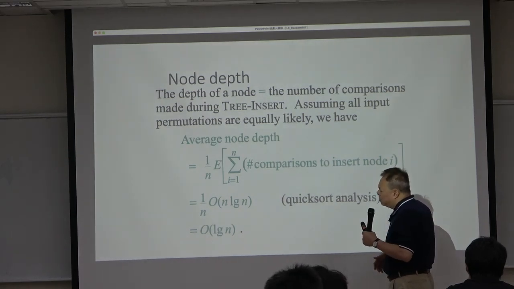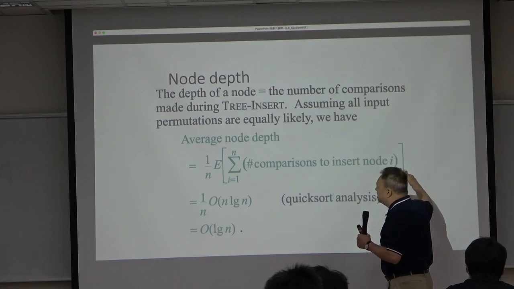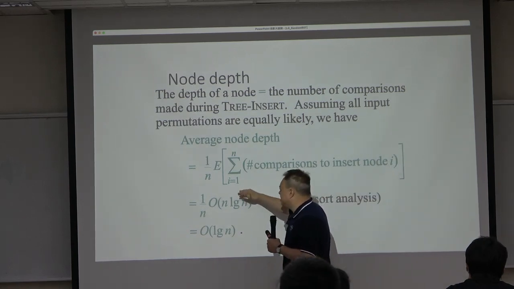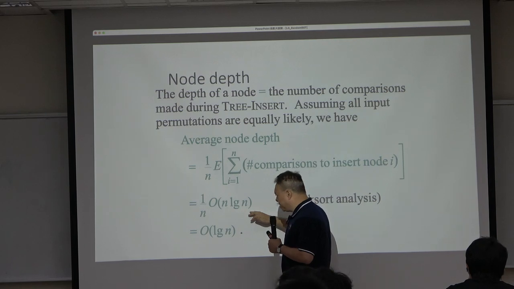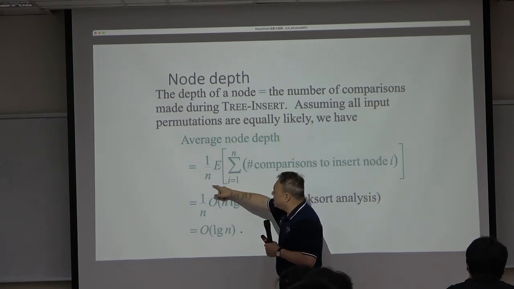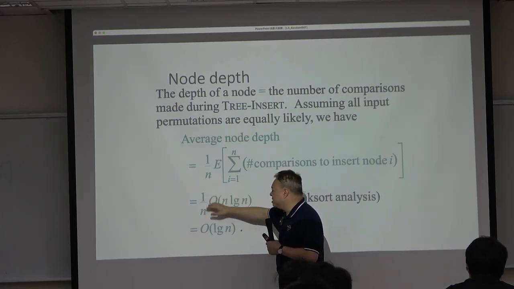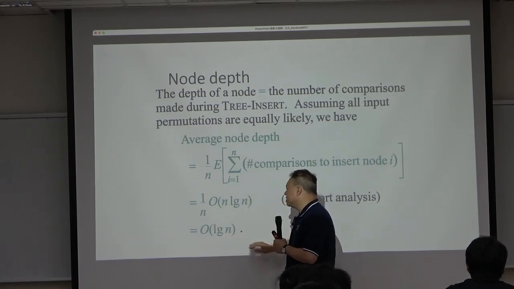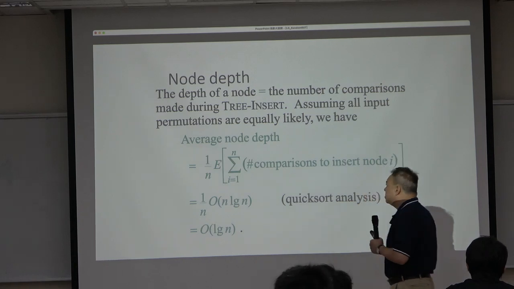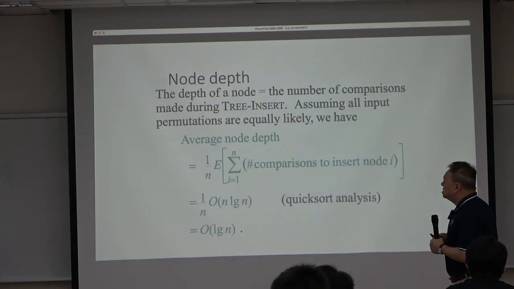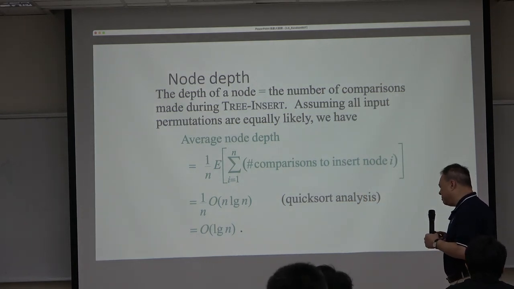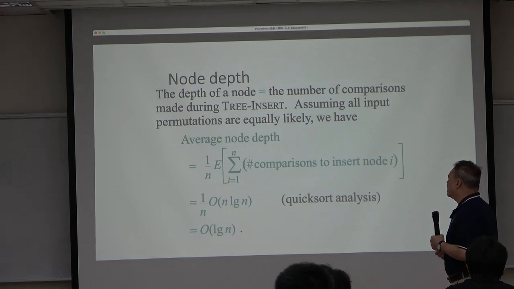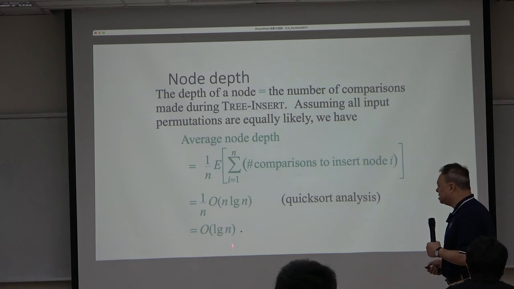It's just that the order is different. So we know the total number of comparisons is n log n, and then we average this value by n, so we get log n. So basically the depth of a node, or the number of comparisons that happen during the tree insert in the binary search tree, is big O log n.